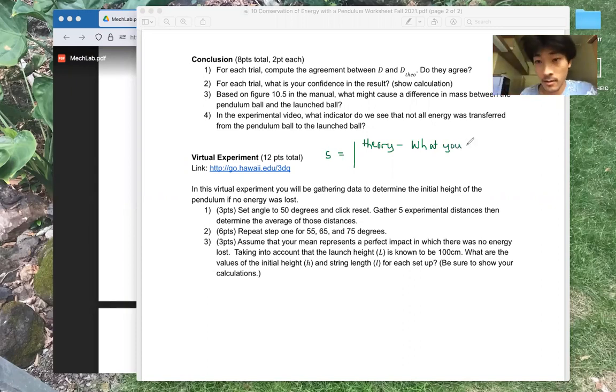The number before the plus or minus is what you got. And then all this divided by the uncertainty of what you got.